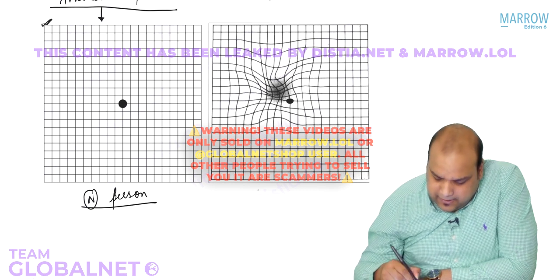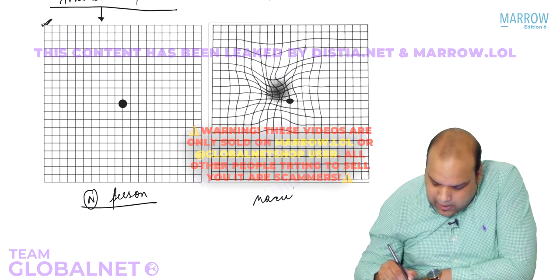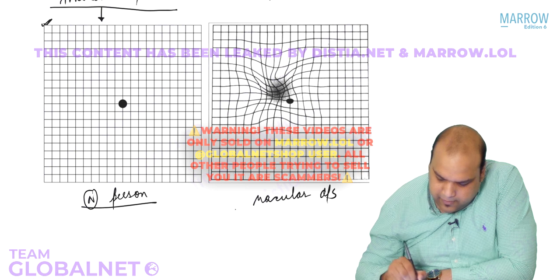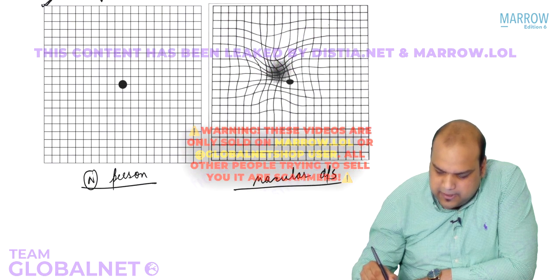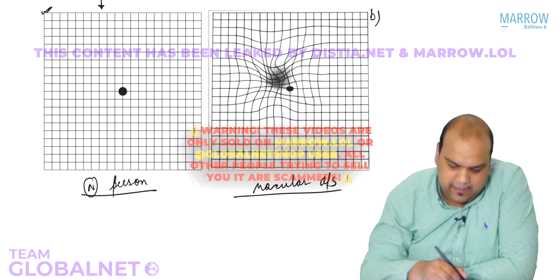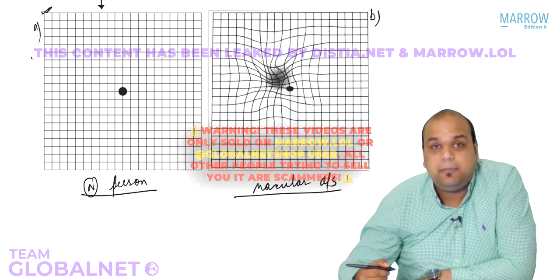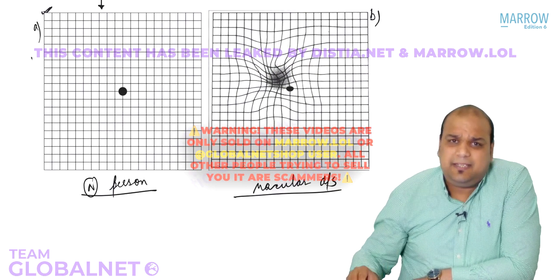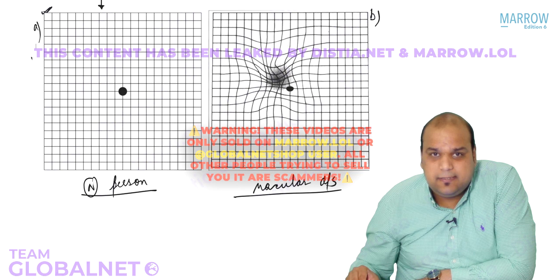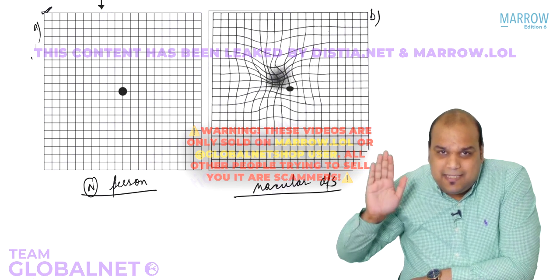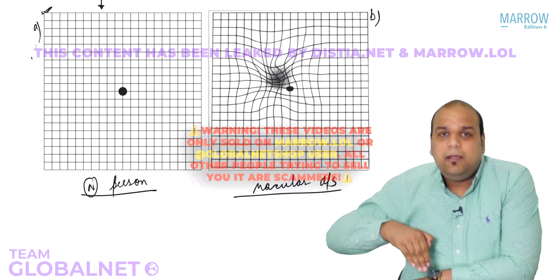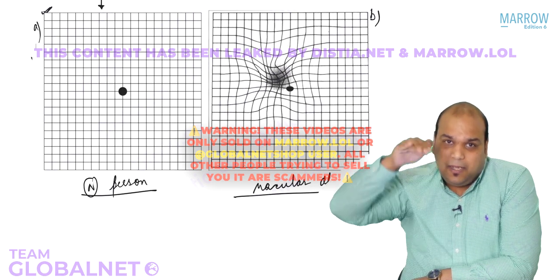But if the patient had a macular disease, then this is what the patient would have seen, as seen in the second image. Okay, everybody, image number B. The patient would have said, I see some lines, yes. But some of the lines seem as if they are going inside the paper. Some of the lines seem as if they are coming out.